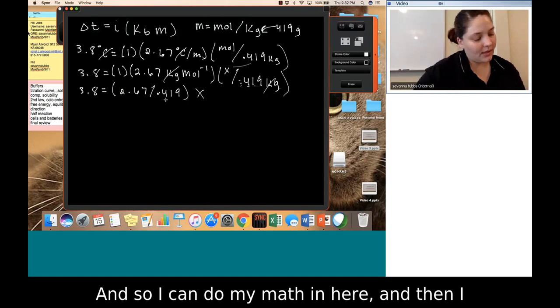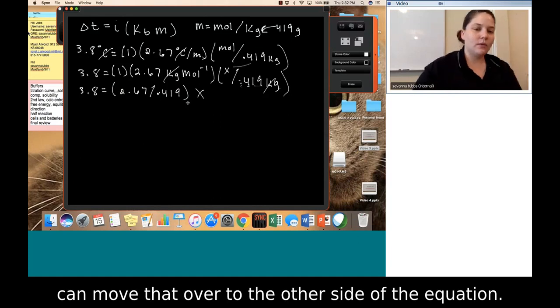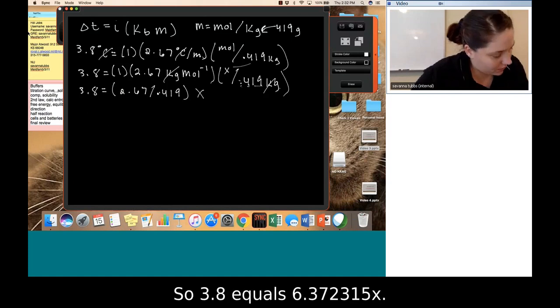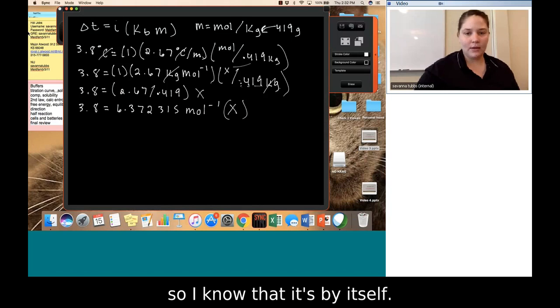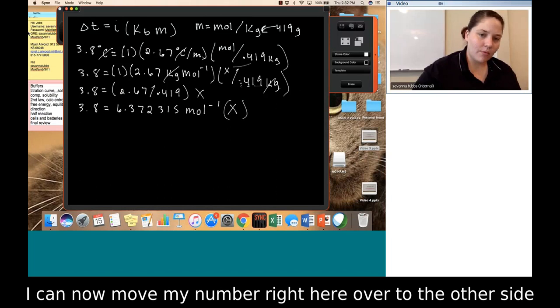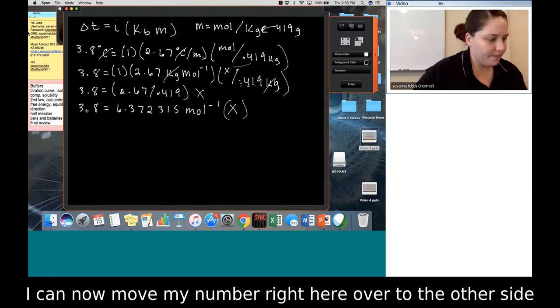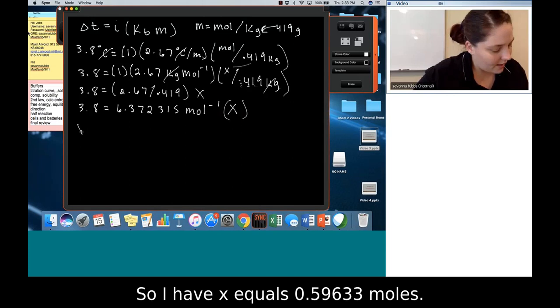And so I can do my math in here, and then I can move that over to the other side of the equation. So 3.8 equals 6.372315 x. Go ahead and put that in parentheses so I know that it's by itself. I can now move my number right here over to the other side by dividing. So we have x equals 0.59633 moles.